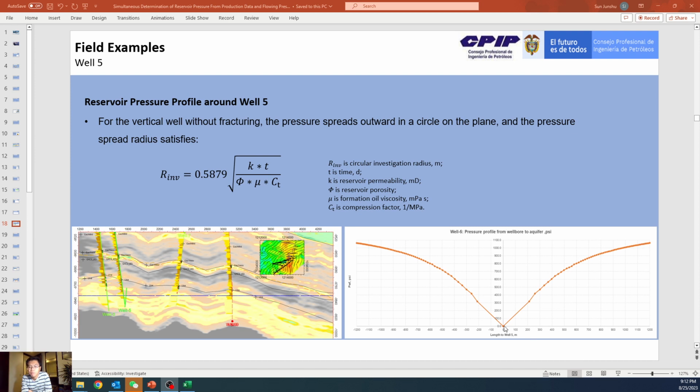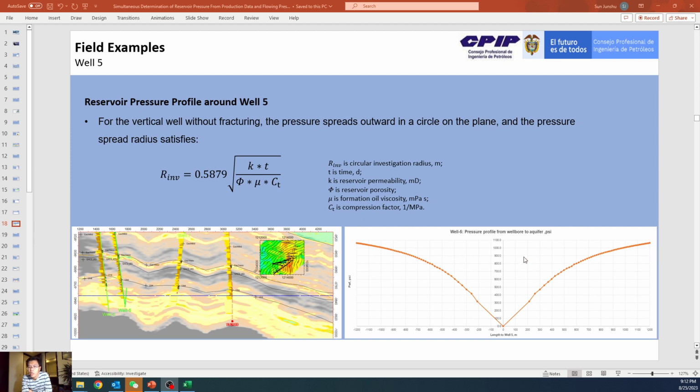So here, at this point, we recorded a pressure in the wellbore, and this is the pressure at the aquifer.